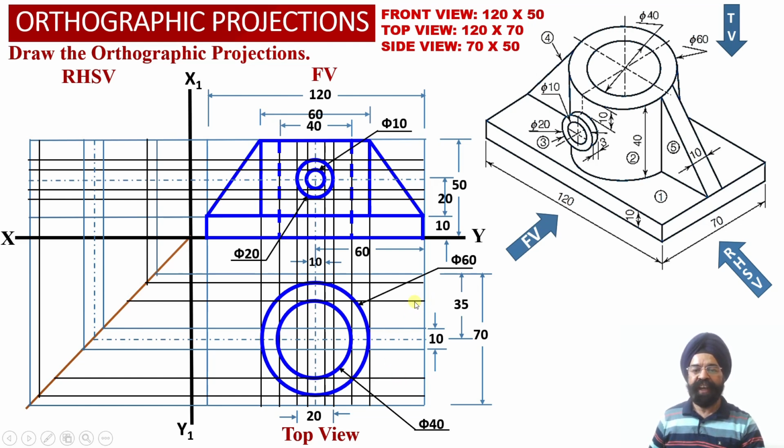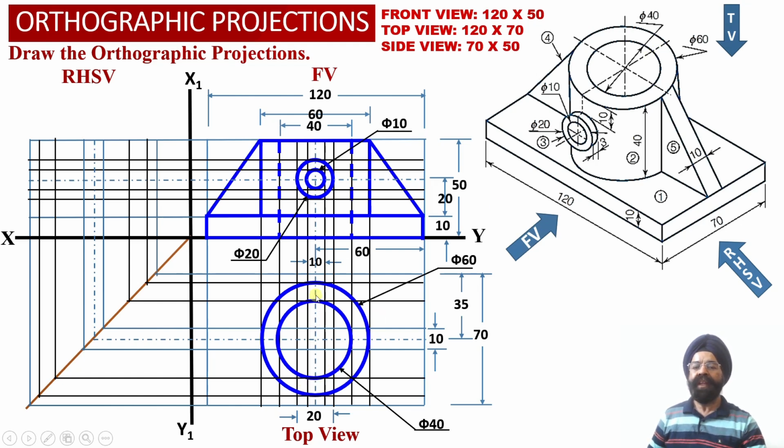Now we have obtained these two horizontal projector lines in the top view projections, and using this transfer line we have appropriately transferred these two end points of the internal diameter of the hollow cylinder into the right hand side view projections over here. So it is these two end points that we are talking about. These two end points are located over here. Similarly, these two end points of the hollow cylinder are located over here.